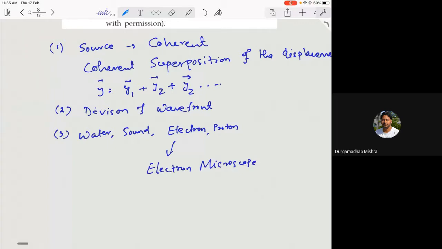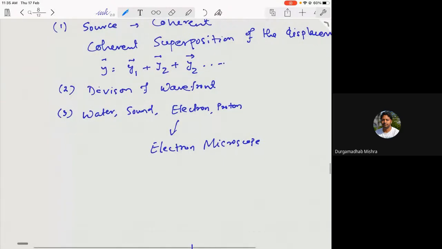You can see structures, even atomic structures, using an electron microscope, because in that case the wavelength is very small compared to light. For visible light the wavelength is a few hundred nanometers. But if you use electrons, depending on the energy of the electron, you can make it very small, and you can see even atoms using an electron microscope.